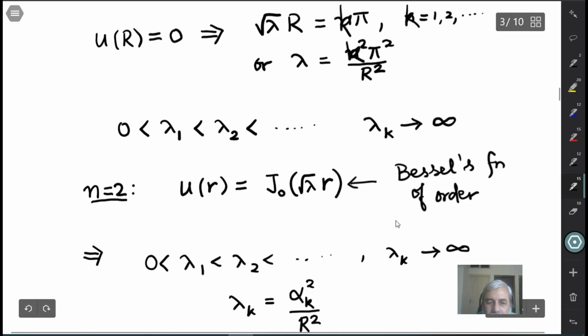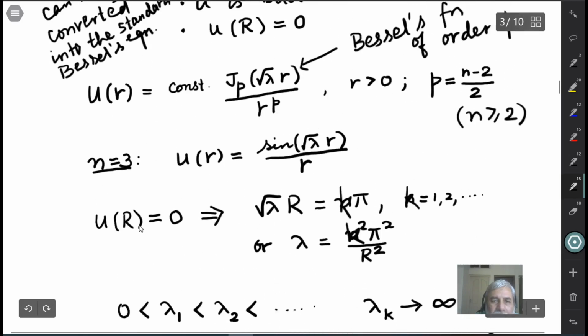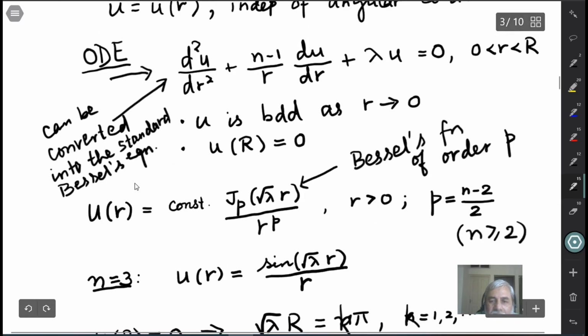So again, the same conclusion we obtain for n equal to 3 and n equal to 2. And that is the case for any general n, the only difference being that it is given in terms of some Bessel function of some order, and all those Bessel functions will have an infinite number of positive zeros.